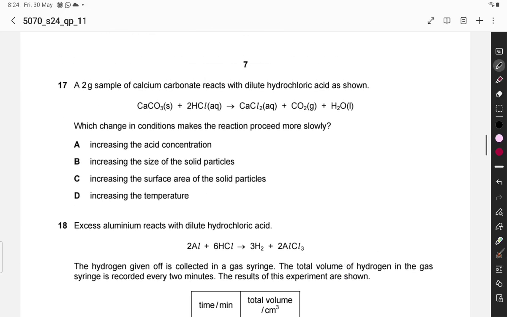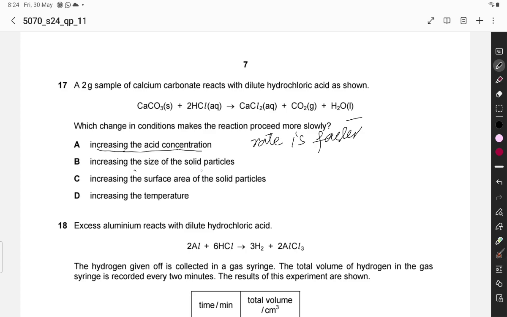A 2 gram sample of calcium carbonate reacts with hydrochloric acid as shown. Which change in conditions makes the reaction proceed more slowly? Increasing the acid concentration. When we increase the acid concentration, the rate becomes faster.